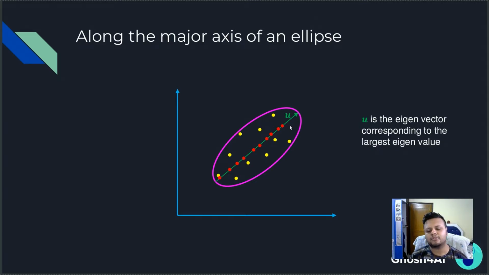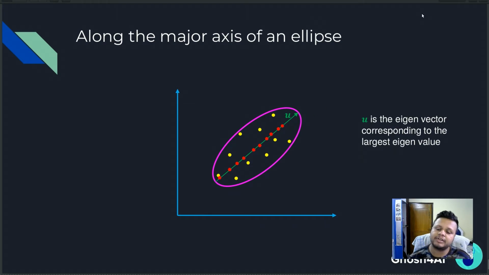If you see, I have drawn an ellipse over the data distribution. What this signifies is, this ellipse is kind of an approximation of the distribution of the data samples in this space, and the green line is kind of the major axis of that ellipse. In terms of discrete mathematics, or if we represent these samples in a matrix, what it means is this green line is the eigenvector corresponding to the highest eigenvalue of that matrix.